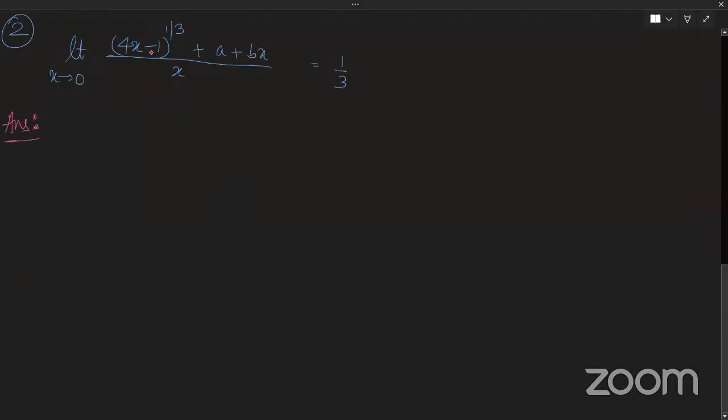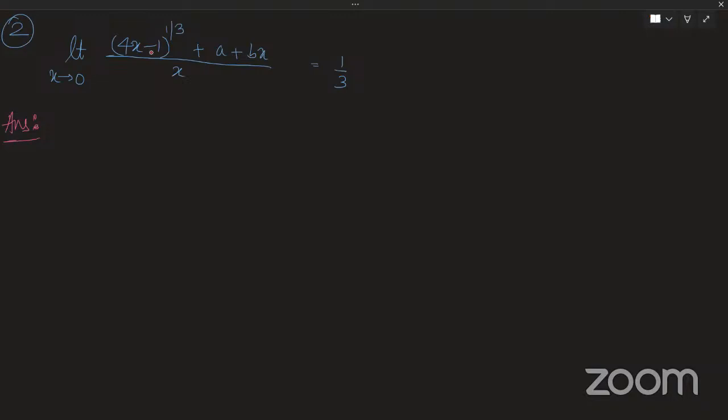So what will be the first thing that you do in this question? Will you directly go for differentiation, or is there something that I want to know in this question more? Are you sure?